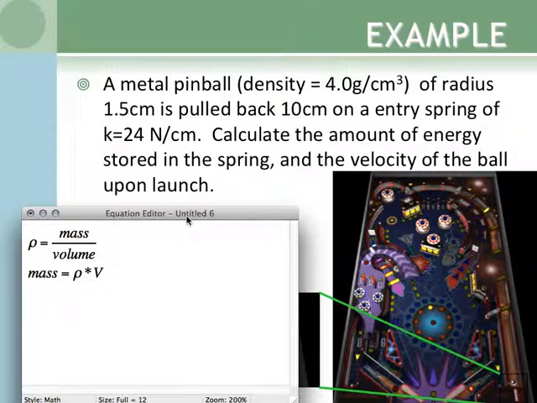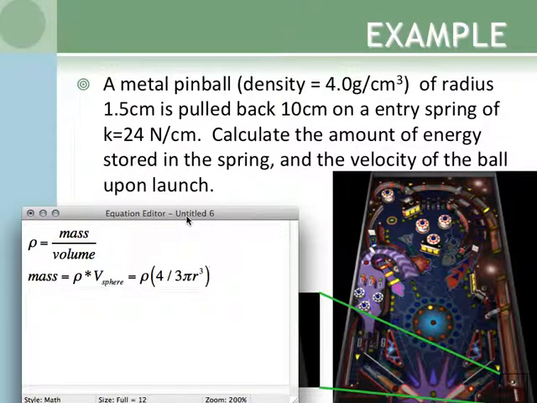And our volume is a sphere, and so if we look up the volume formula for a sphere, that is 4/3 pi r cubed.